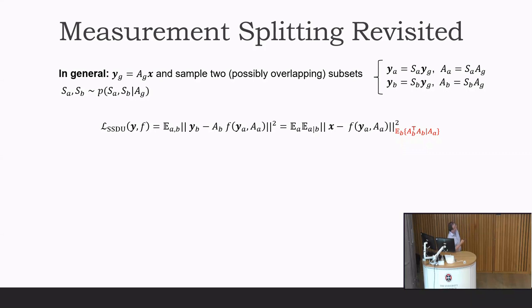Same with YB, and I produce this loss function, which predicts the YB from the predictor based on YA. In MRI, this technique goes under the popular name of self-supervised learning using data undersampling, SSDU, and is a very popular method now for doing self-supervised learning in MRI.